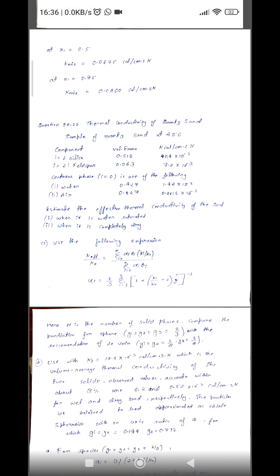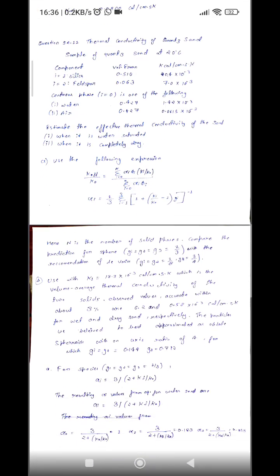Here we can see the volume fractions are given, the thermal conductivities in kcal per centimeter Kelvin are given, and the water and air volume fractions are also given. We have to estimate the effective thermal conductivity of the sand, first when it is water saturated, and second when it is completely dry.